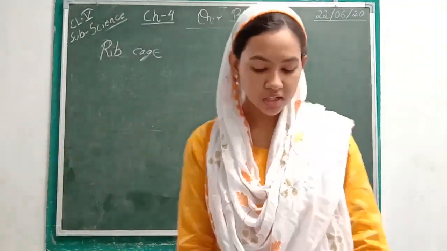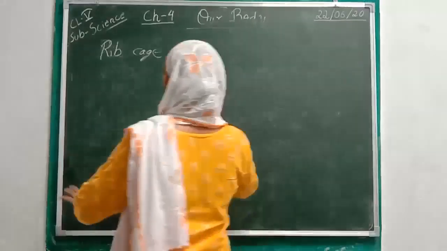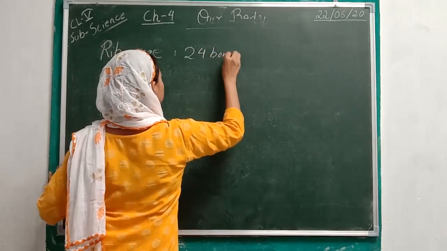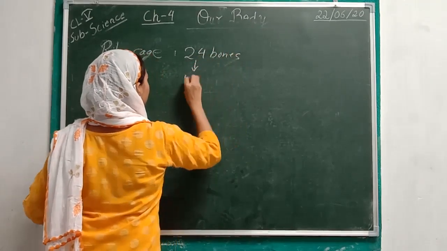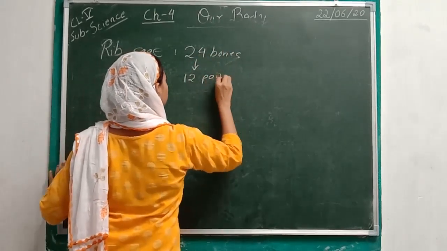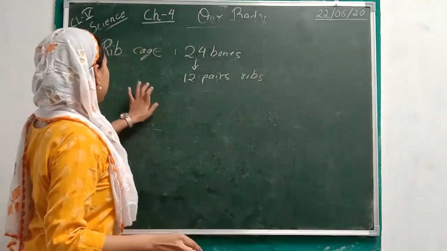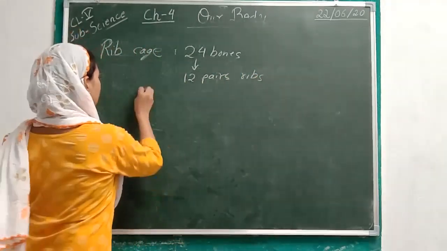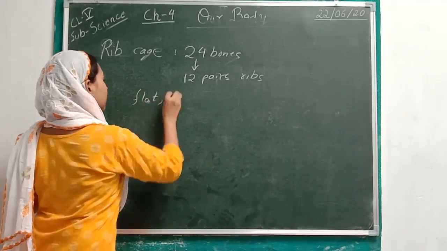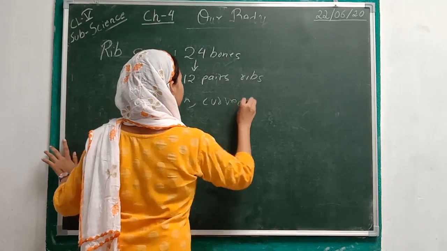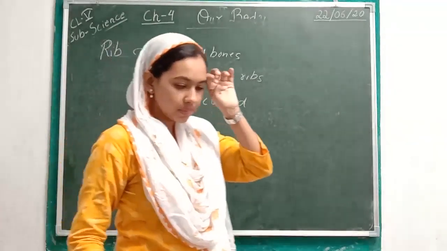The rib cage has a total of 24 bones, or 12 pairs of ribs. The bones of the rib cage are flat, thin, and slightly curved.